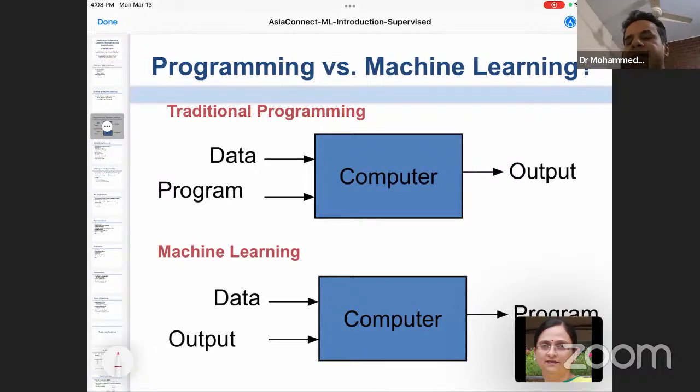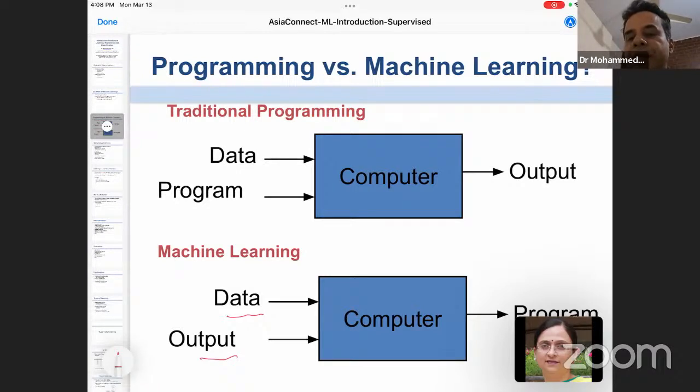And what is machine learning? Here we don't have a program. We will not give the program as input. We will give data as input and the desired output. Here the data is an unsorted array and the output is a sorted array.